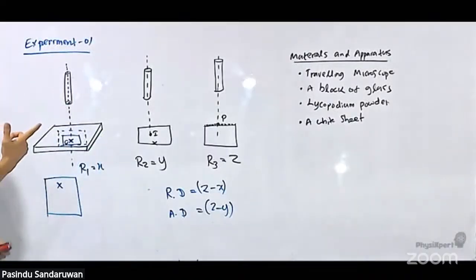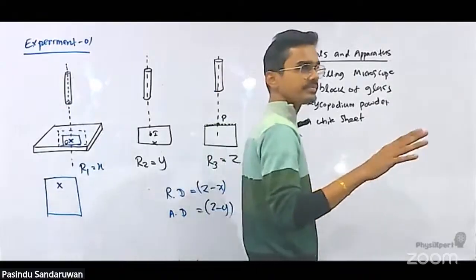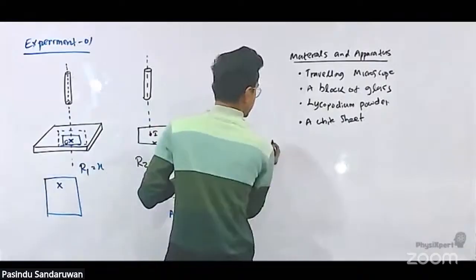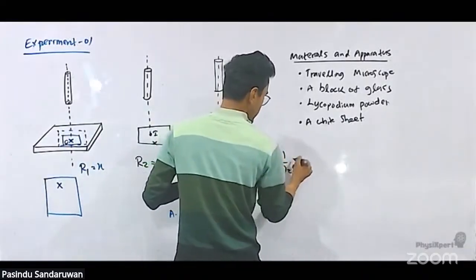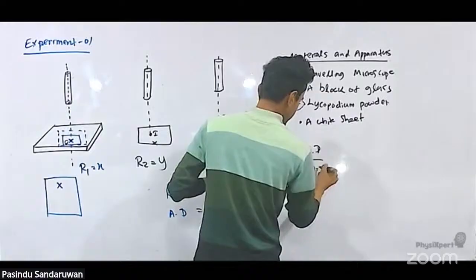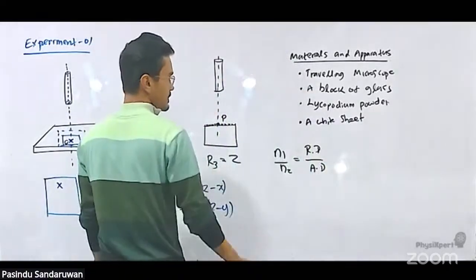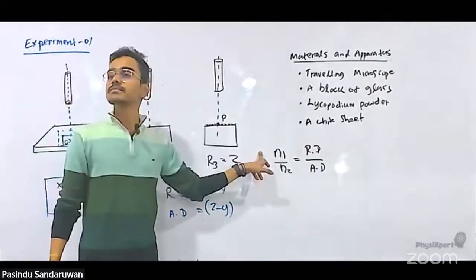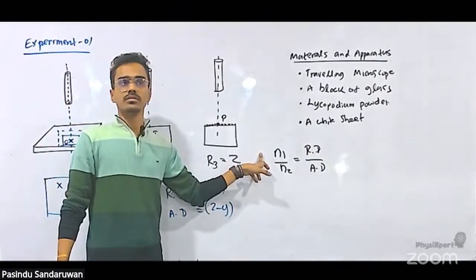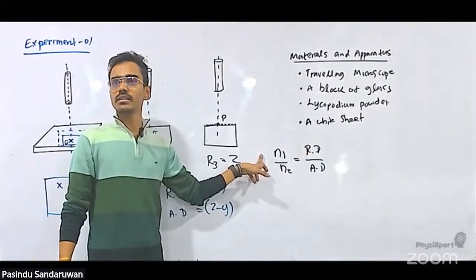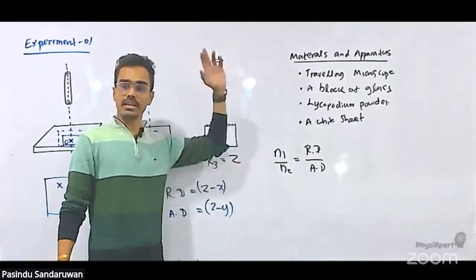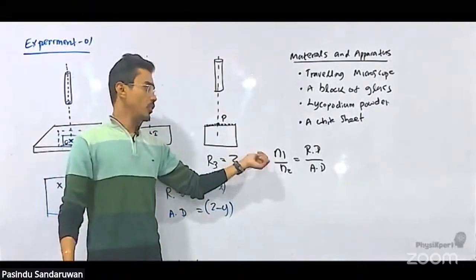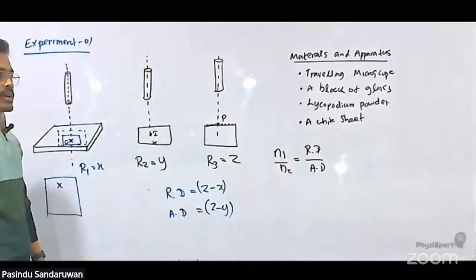Because we are observing this from the air medium, the refractive index of air is known. We know n1 over n2 equals real depth over apparent depth. What is n1? n1 is the object's medium, n2 is the observer's medium.